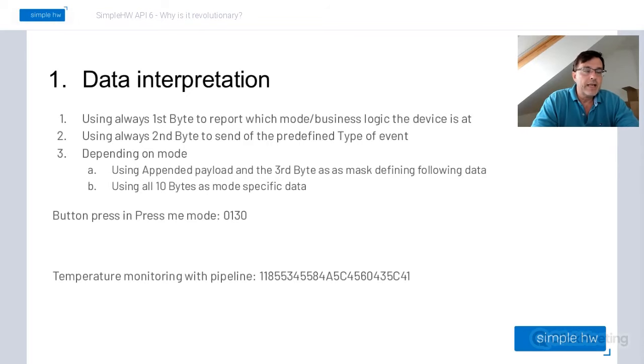You can see that 11 is the temperature monitoring, 85 is the temperature alert, and then we are always sending a double of data, where we send time together with the latest temperature. So the pipeline is basically a redundancy, where we are able to send, through one message, multiple temperatures within some kind of time frame.